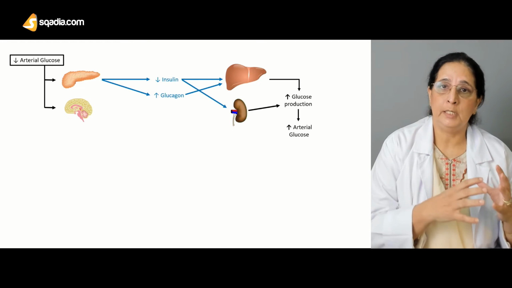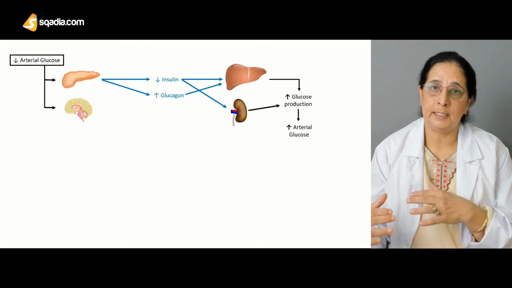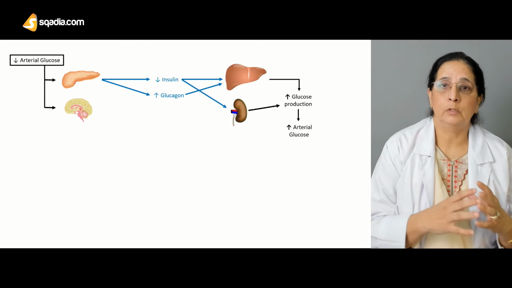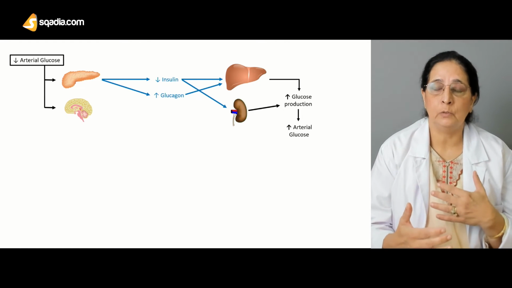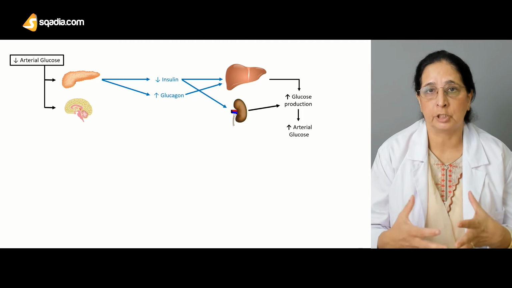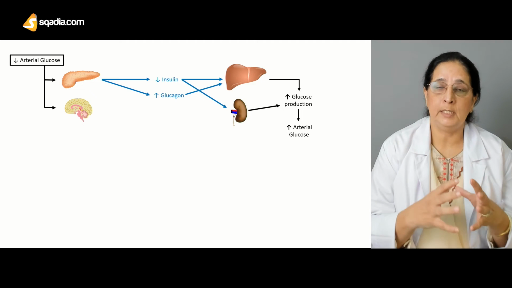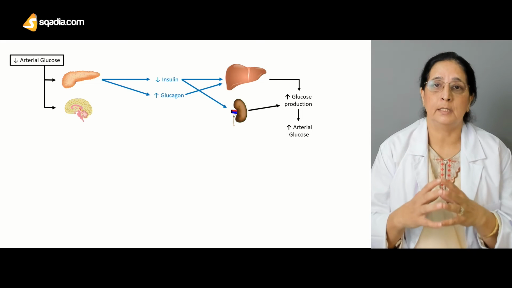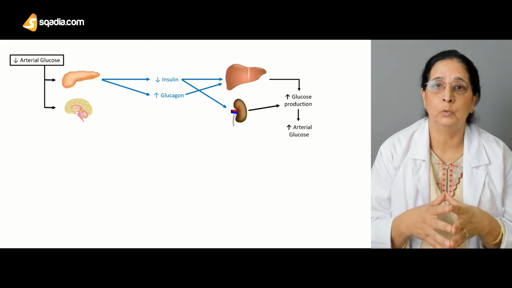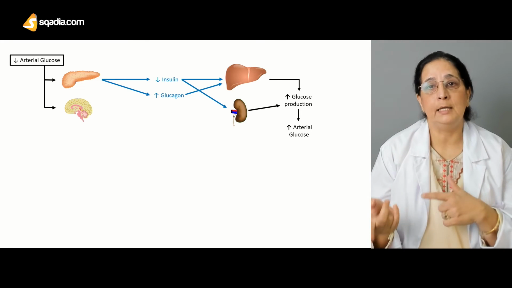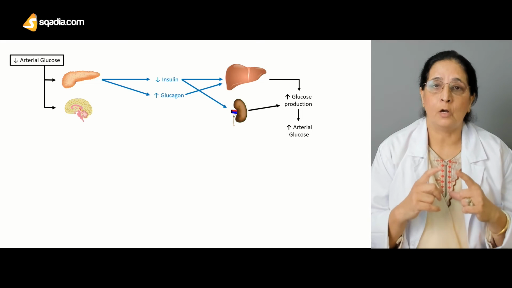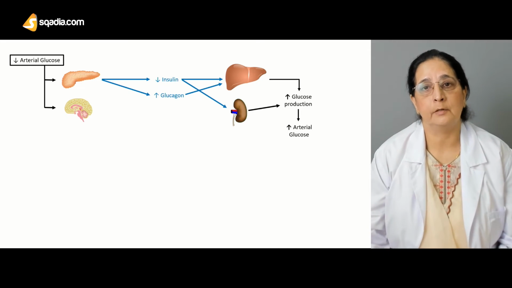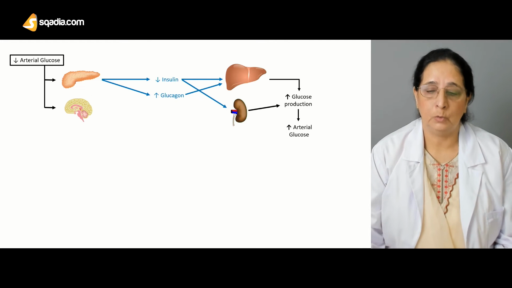Insulin is decreasing the glucose, metabolizing the glucose, and then glucagon is increasing the glucose and causes increased production of glucose. So both these, insulin acting on the liver and the kidneys, cause increased level of blood glucose. Glucagon is mainly acting on the liver, causing increased production of glucose, which in turn causes increase in the blood glucose level.